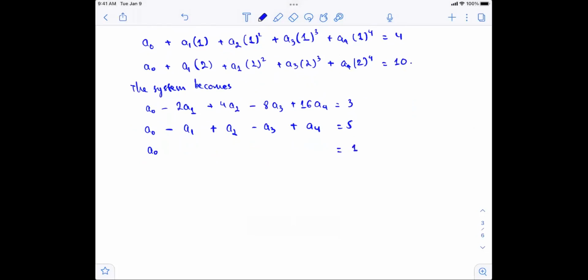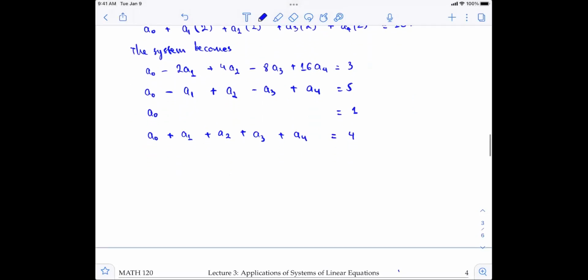The fourth equation is a0 plus a1 plus a2 plus a3 plus a4, and it is equal to 4. And the fifth equation is a0 plus 2a1 plus 4a2 plus 8a3 plus 16a4, equal to 10.